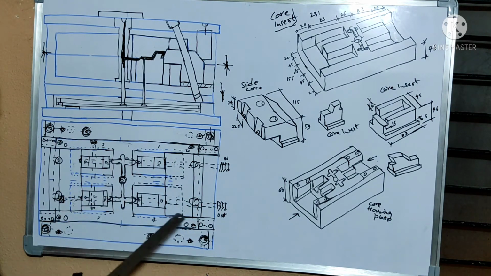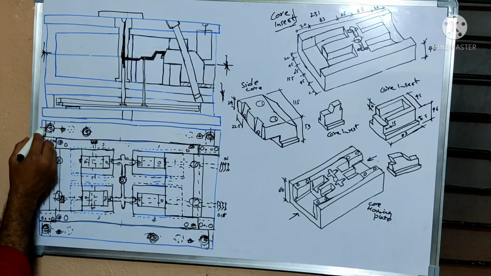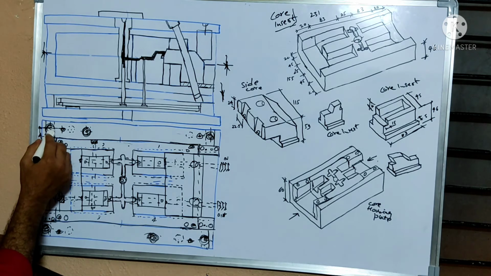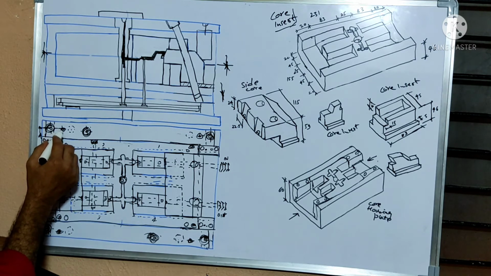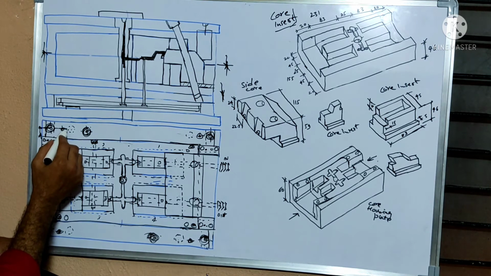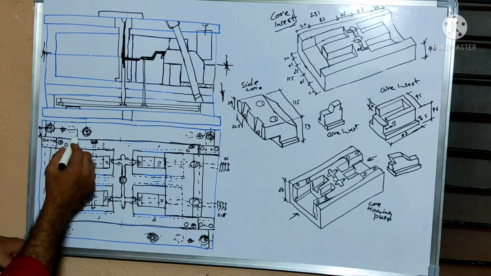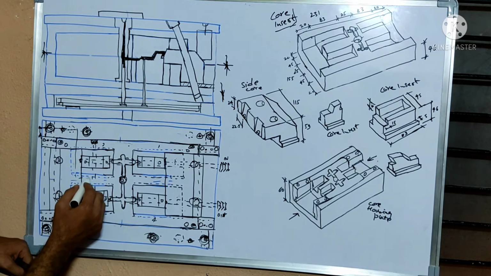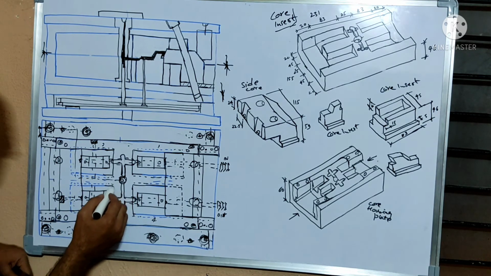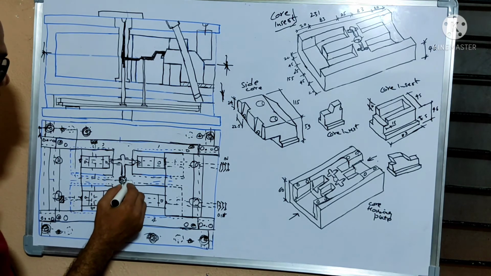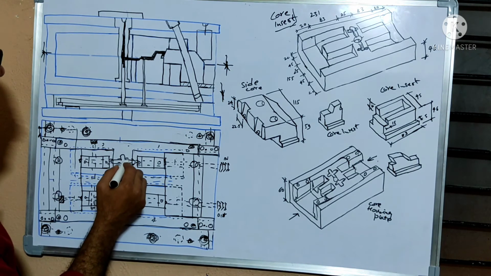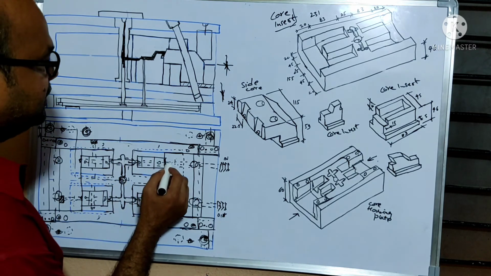After completion of the cooling circuit, I want to give a sectioning. Here I am going to give a section A through a pillar, guide bush, main guide pillar, guide bush, and then the ejector, and then the feed button, and then you have to come across the screw puller pin, and then you have to go for the runner, and then you have to go around the water circuit.